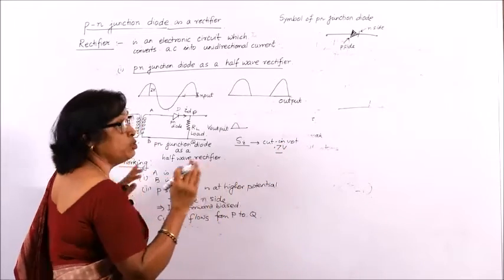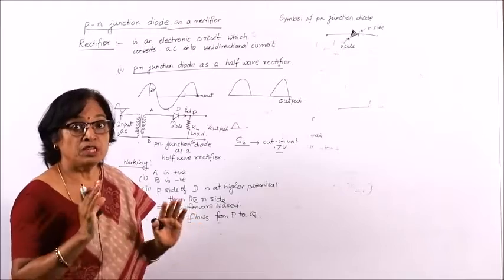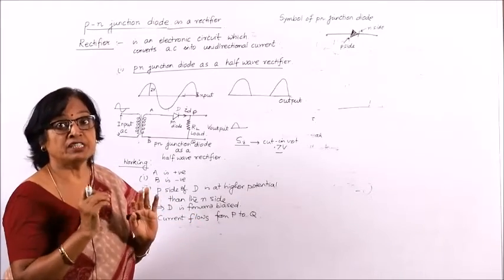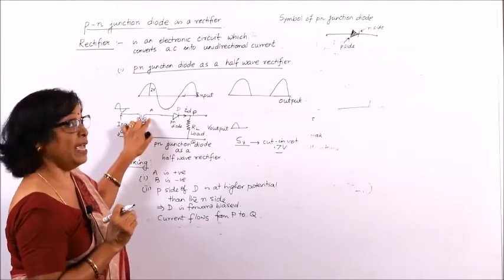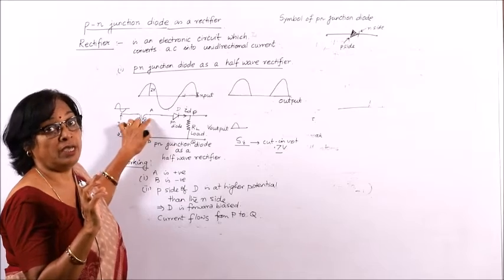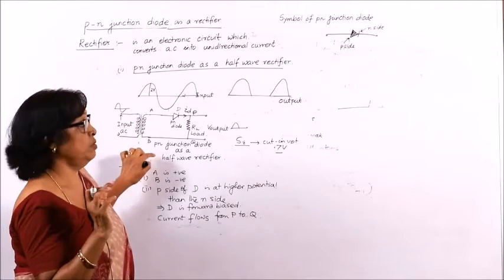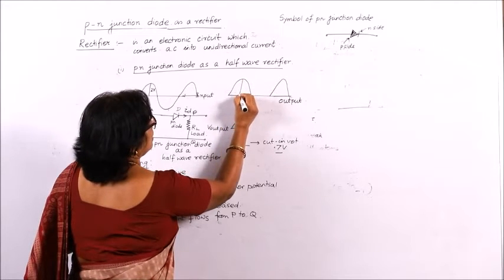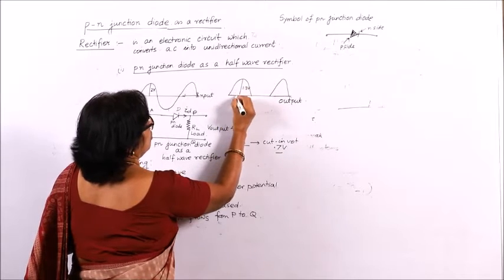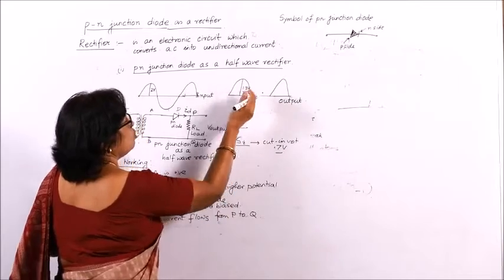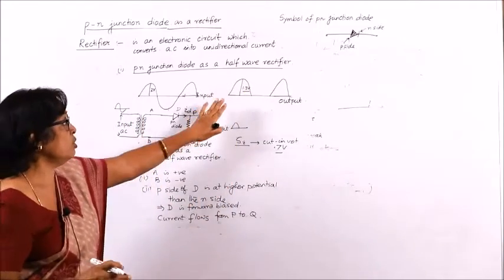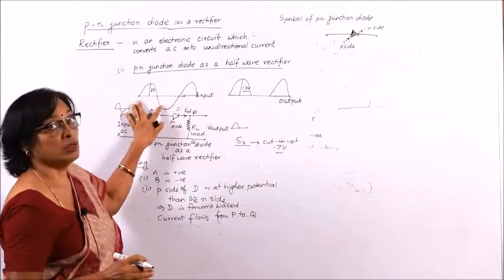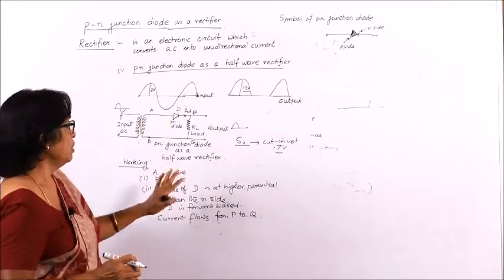That means it will start conducting only after the forward bias is 0.7 volt, that is, after A becomes 0.7 volt more than the point B. So, it will start from 0.7 volt, and the maximum it can go is 1.3 volt. This is the only difference, otherwise the shape remains the same.